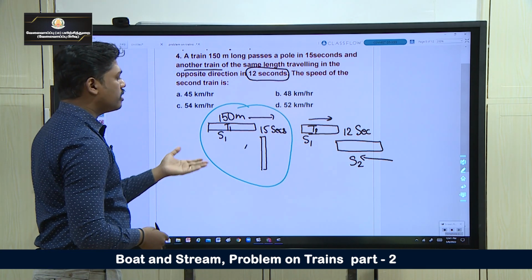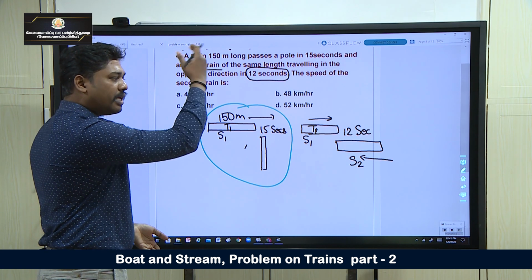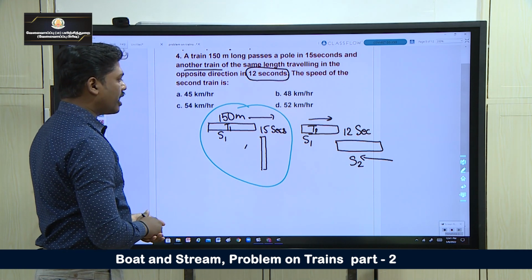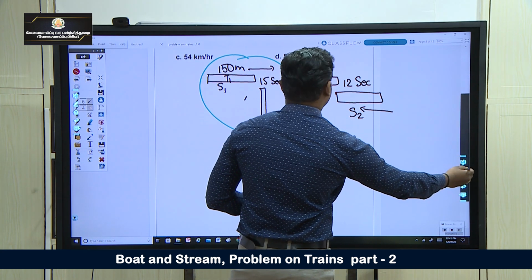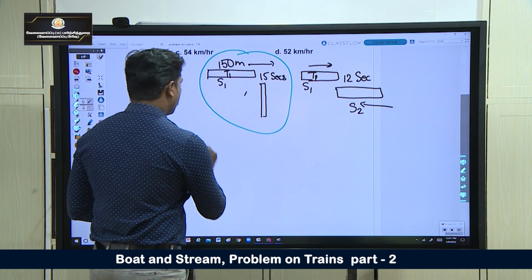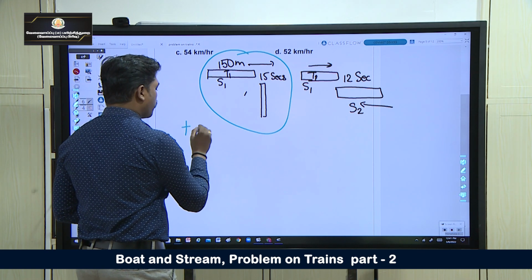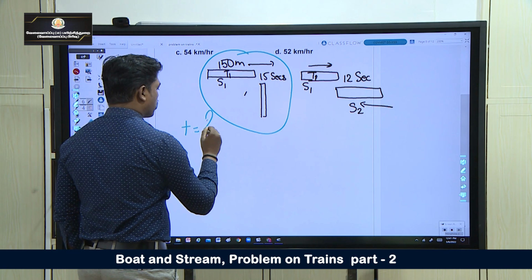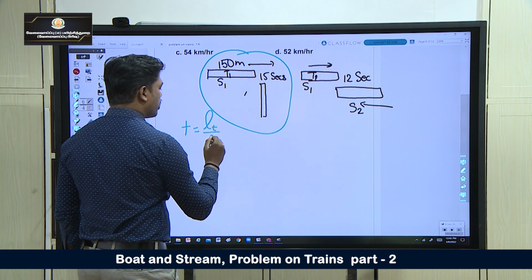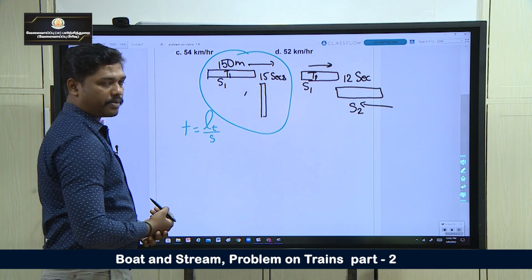It comes under stationary point. What formula can we use there? For stationary point, time is equal to length of train divided by speed of train.